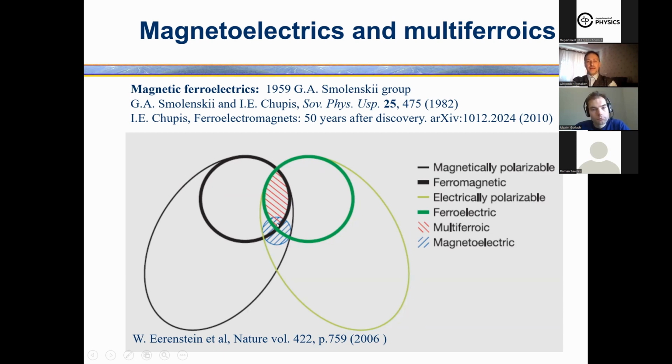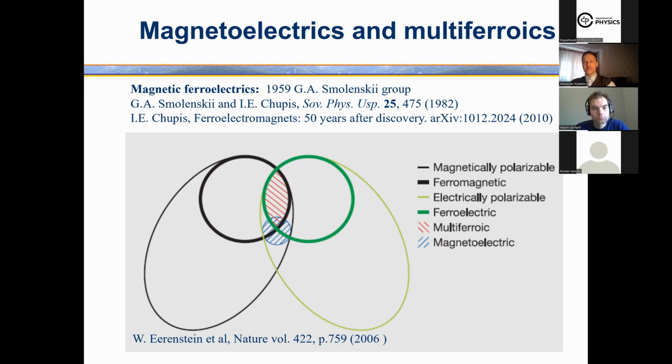And the overlapping set is multiferroic media. So in other words, multiferroics are magnetic ferroelectrics. You see, when we are talking about segnetoelectrics in Russian, in English we use the term ferroelectrics in analogy to ferromagnetics.